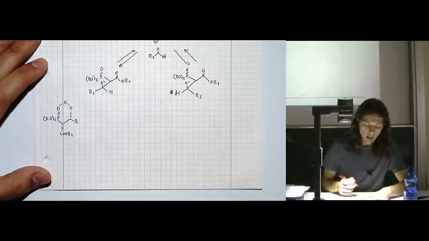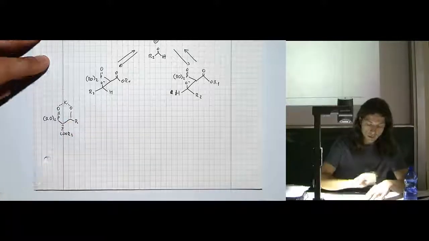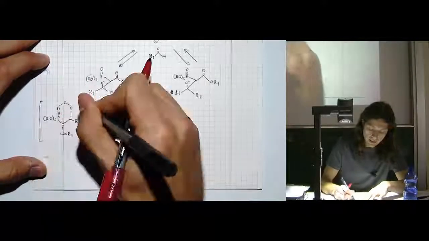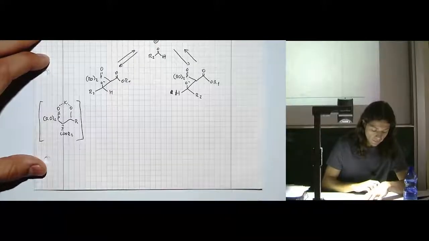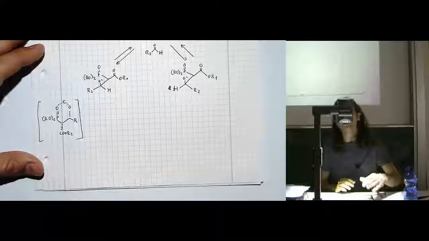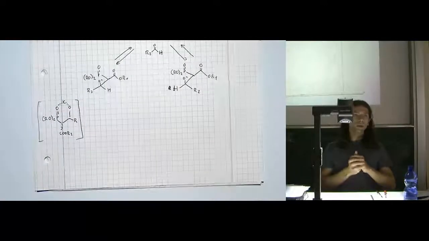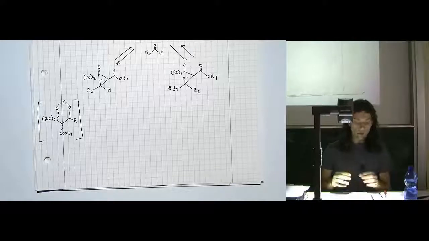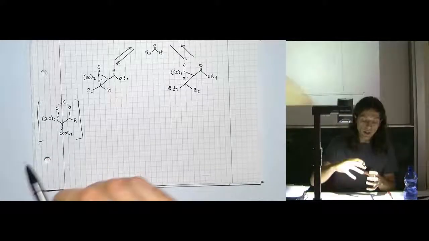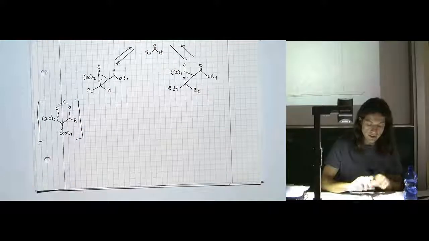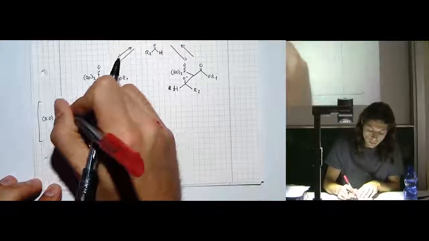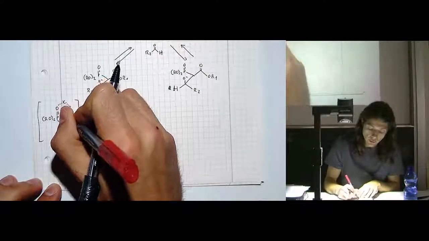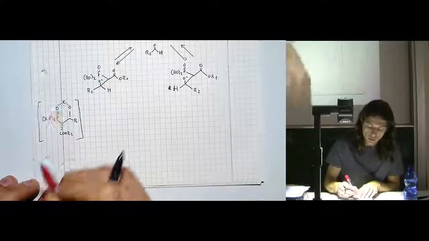However, now what we are using is a crown ether, and crown ethers are known to be very reactive with potassium ions. So this is extracting, removing the potassium, preventing it from interacting with these two oxygens here.